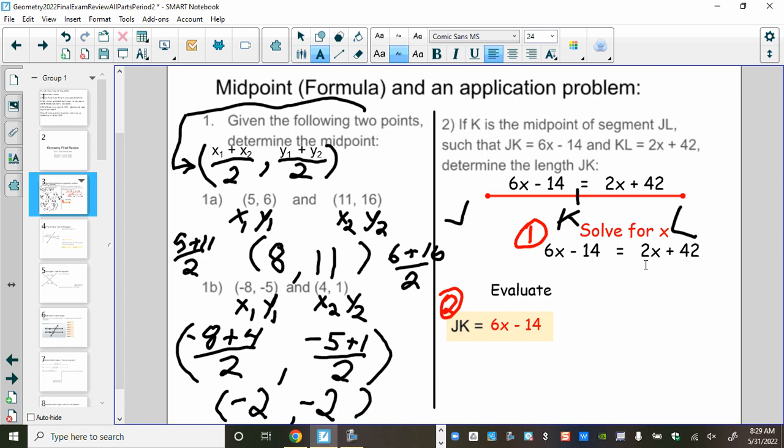Come around to see how we're doing here. Plus 14, plus 14. Get to do the opposite. Yeah.